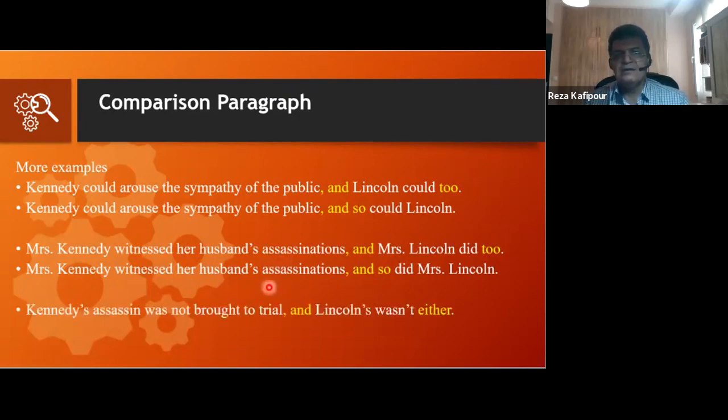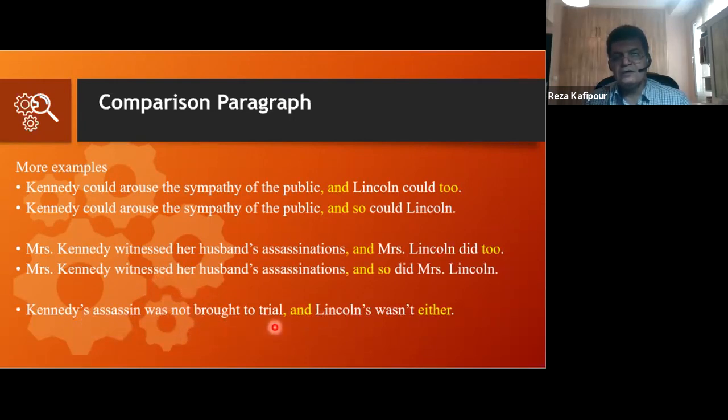And the last example refers to another structure in this group, and either, or and neither. They are used when our sentence is in negative form. See, Kennedy's assassin was not, because of not, it is a negative sentence, was not brought to trial.